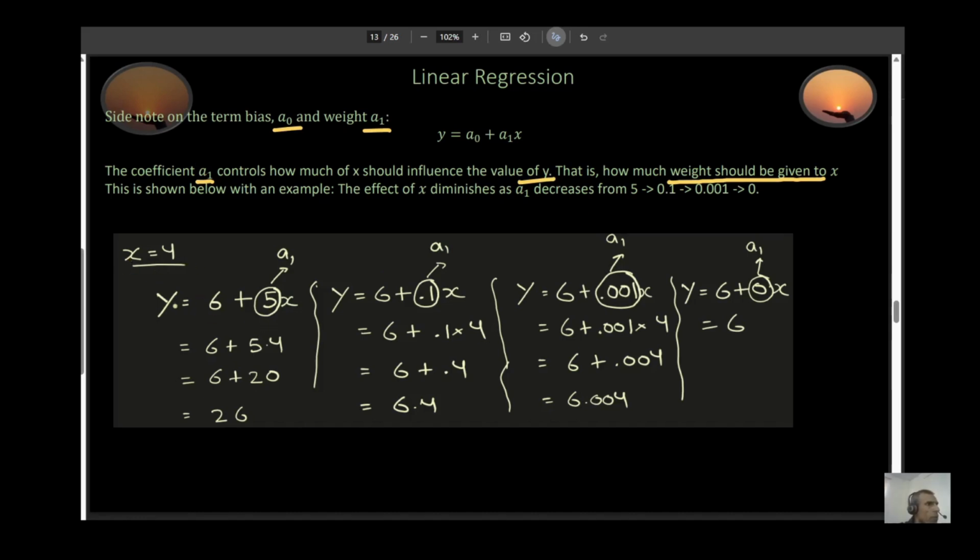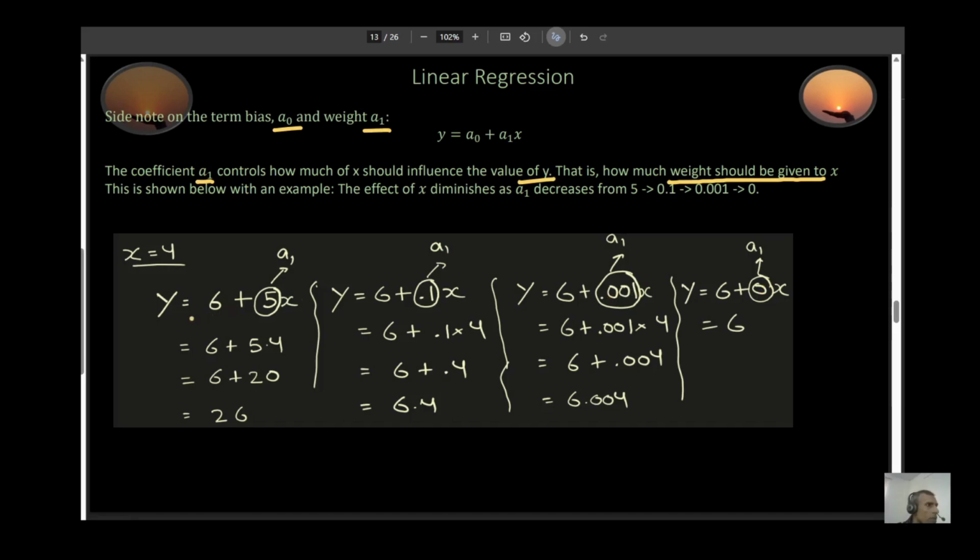And let's say my value of y comes out to be 6 plus 5x. Okay, so let's say this is an equation. So my a1 in this case is 5. Now let's look at this equation. In this case, my y is going to be 6 plus 0.1x. So my a1 has gone down. In this case, my a1 has gone down a little bit more, 0.001. In this case, my a1 is 0.